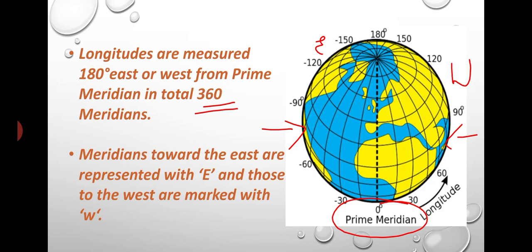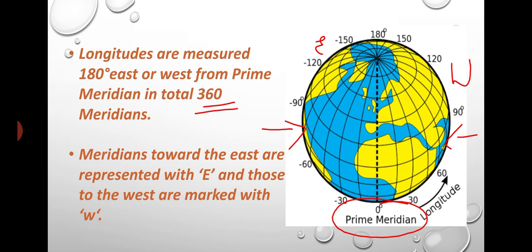So on the eastern side there are 180 lines, and on the western side there are 180 lines. In total, there are almost 360 meridians. The meridians which run towards the east are represented with E, and those towards the west are marked with W.